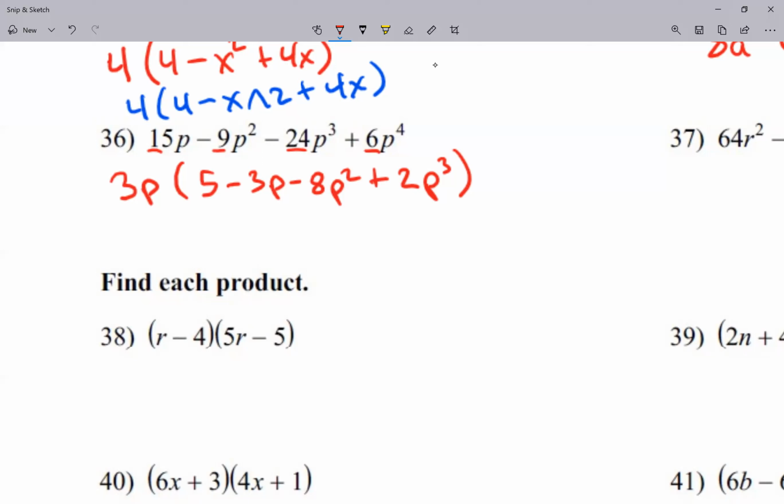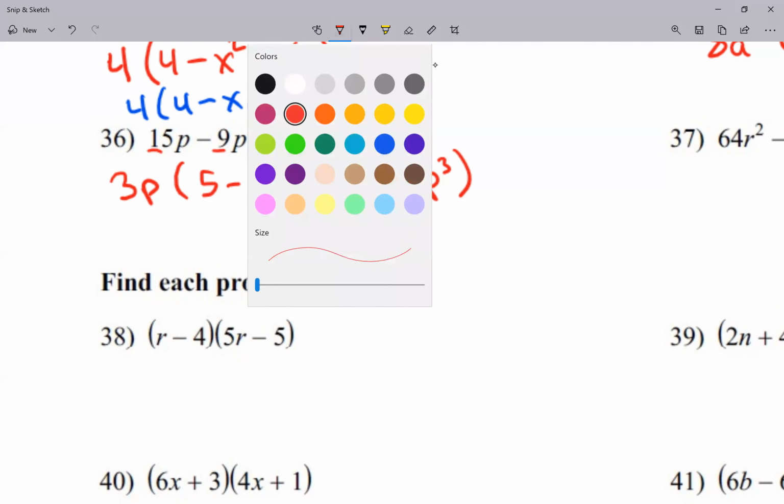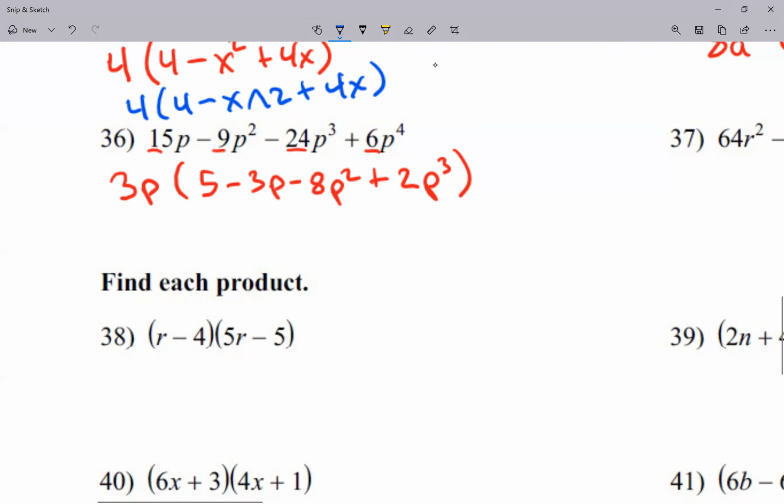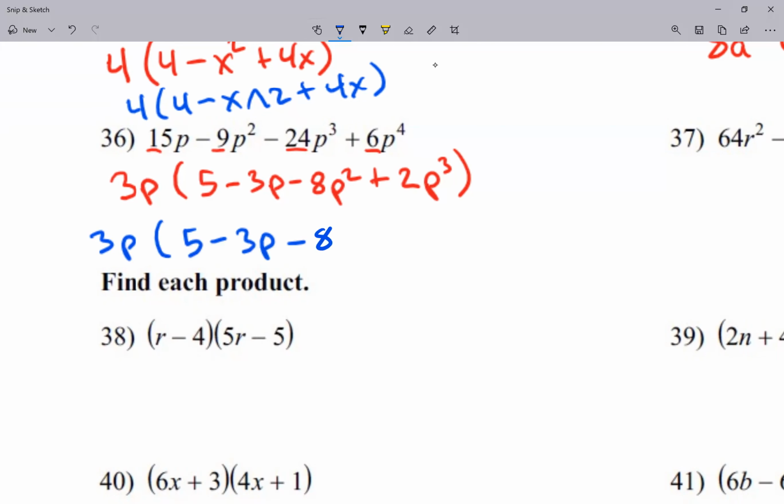In red is how you write this. In blue, let me go in blue, how we're going to type this. 3 p's on the outside, so that's not that bad. Open parentheses, 5 minus 3p minus 8p to the second. Remember, for exponents, we use p to the second.